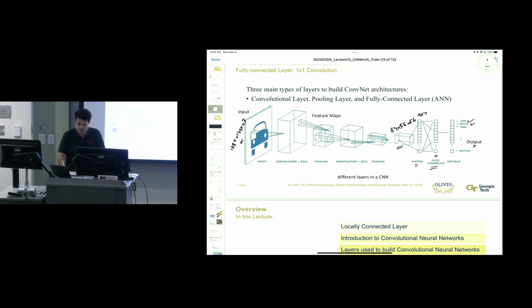It's like 1024, 4096. I don't remember exactly how much it is in AlexNet, but it is a much smaller number. And once you flatten it, you can think of a fully connected layer as essentially connecting every single element within this vector with the next one.